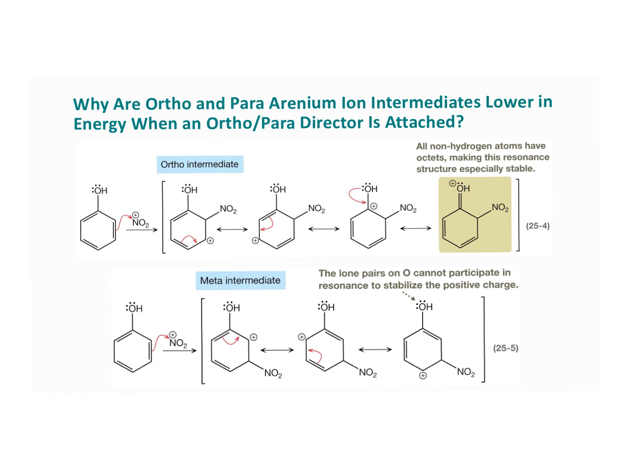So the involvement of that lone pair is not possible for the meta intermediate because the meta intermediate has no resonance structure where this positive charge directly attaches to the carbon with the OH. So only because the ortho intermediate has a resonance structure where the carbocation is at this carbon can we get the donation of these electrons as part of the resonance structure.